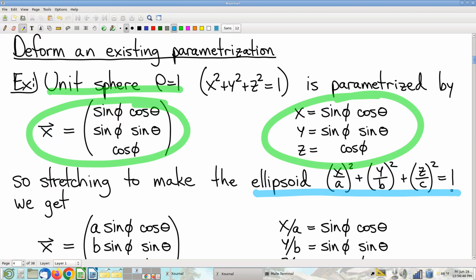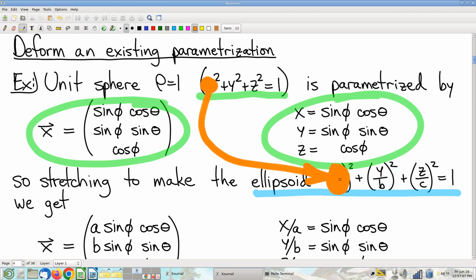So what I'm going to do then is recognize that there is a relationship between the equation for what I have and the equation for what I want. And I think the relationship here is pretty clear, but just to be blunt, for example, everywhere I had an x, I'm replacing it with x over a.